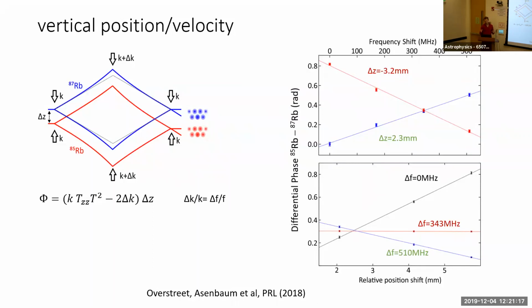The other thing is we want to suppress the sensitivity. So we not only add this little wavelength change to the middle pulse to measure the position, but we add just enough that it exactly compensates for the gravity gradient. We measure the gravity gradient and then put in this frequency change in the middle pulse just to compensate it. And if we do a good job, as you can see in this phase formula here, when this delta k equals this other term here, then you will end up with just quadratic errors.